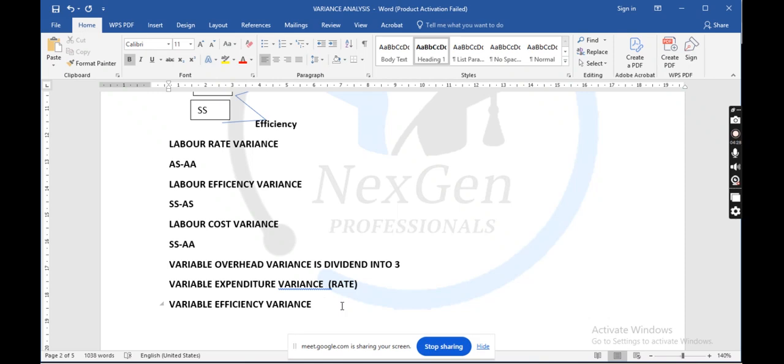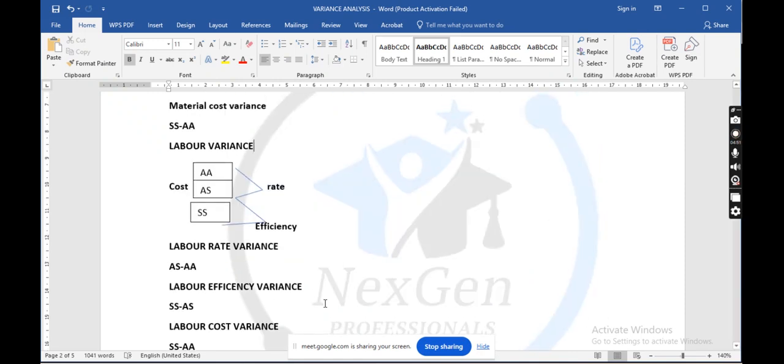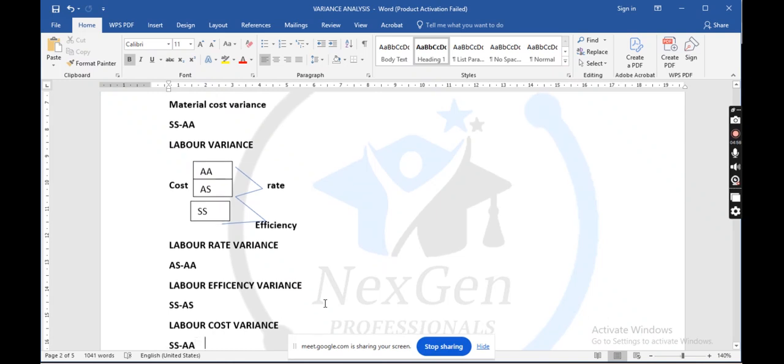Now, your expenditure variance is like your labor rate variance. Class, your expenditure variance is like what? Labor rate variance. Variable cost variance. We don't need to draw any diagram for the variable overhead because you still make use of your labor variance.